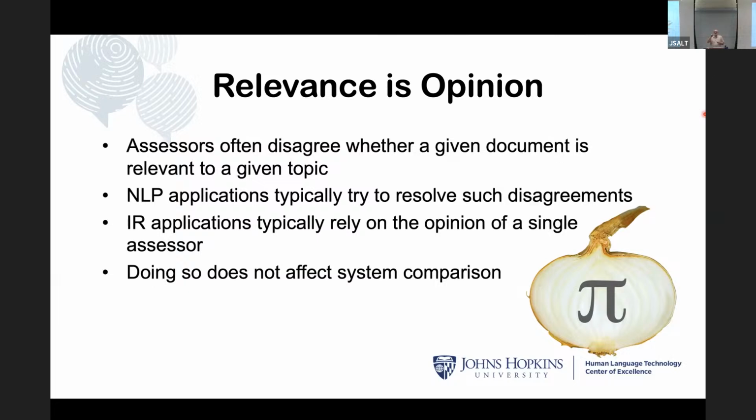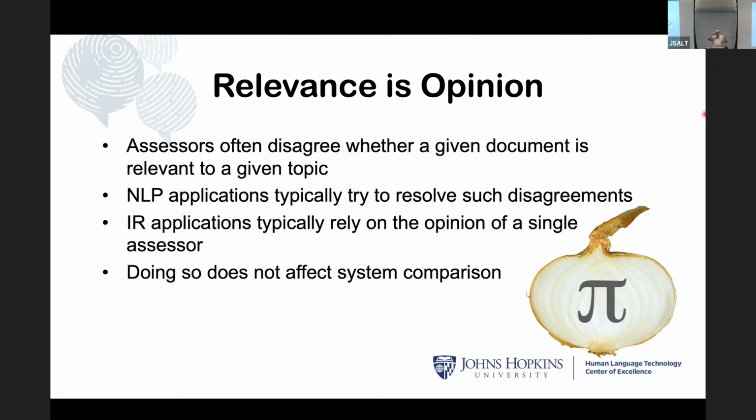And the fact that different folks disagree over what's relevant, if you were trying to get an absolute score, on a score of 0 to 100, how well does the system perform, right? That's going to throw a wrench in all that, right? But if you care only about asking whether this system is better than this system, then that's not nearly as much of a problem, right?